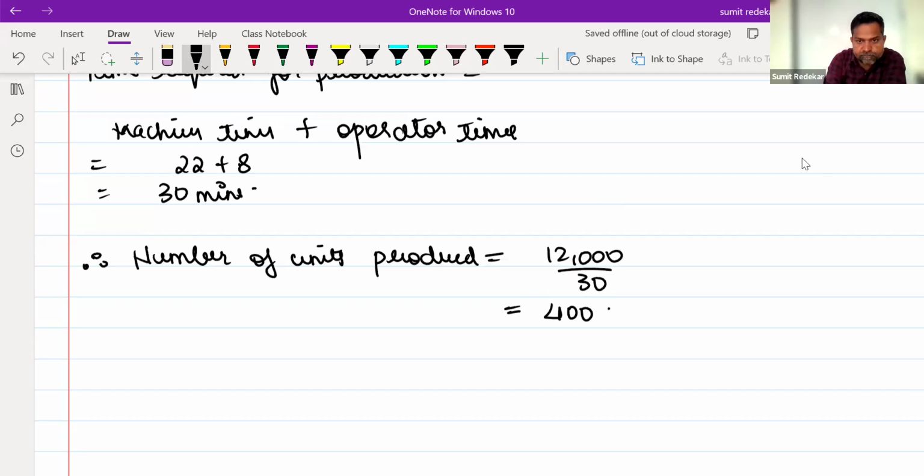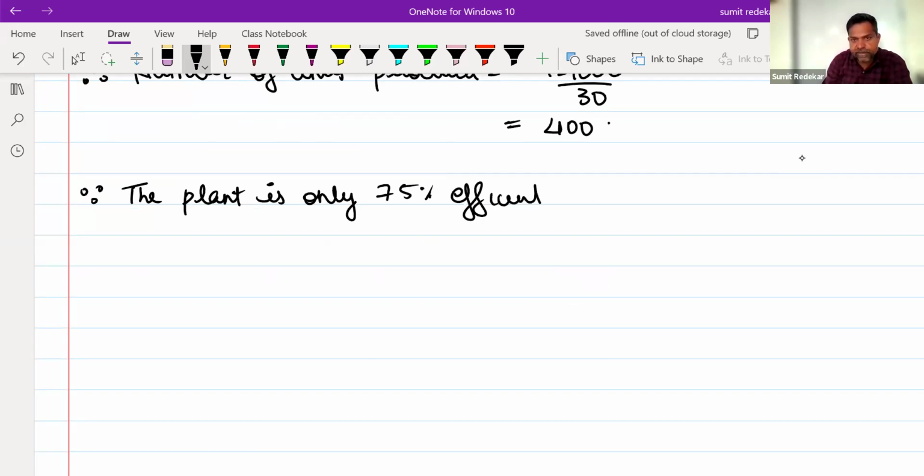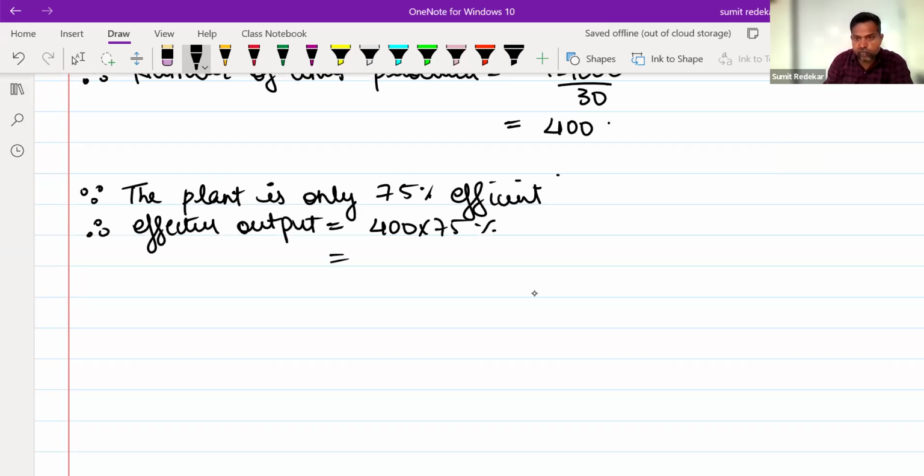But I'm going to say, since the plant is only 75% efficient, therefore effective output is 400 ka 75%, which is 400 into 75%, which is 300 units. Done. This is the first part.